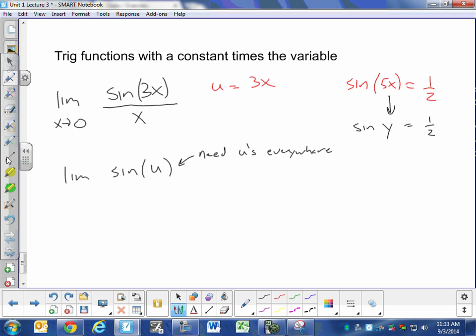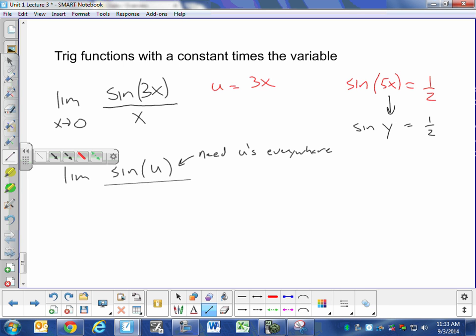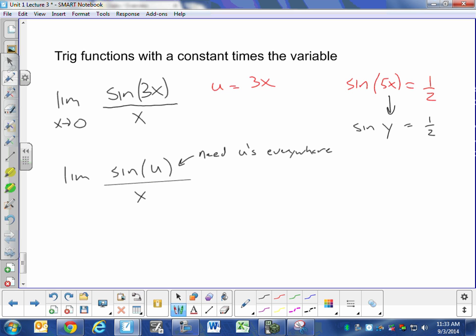So I don't want to put x down here, and I don't want to put x approaches 0 down here. Okay? Let's see what I can replace x with. If I know u is equal to 3x, I can solve this for x. And all of a sudden, I discover that x is equal to u over 3, or 1/3 u.